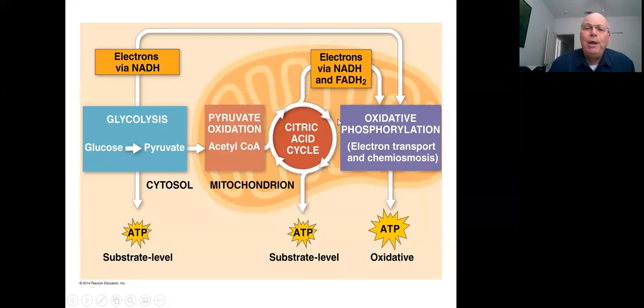But the true payoff is in this process referred to as oxidative phosphorylation, the third step of cell respiration, that involves the electron transport pathway and a process referred to as chemiosmosis. More detail to come, but this is where you get the vast majority of ATP being produced.